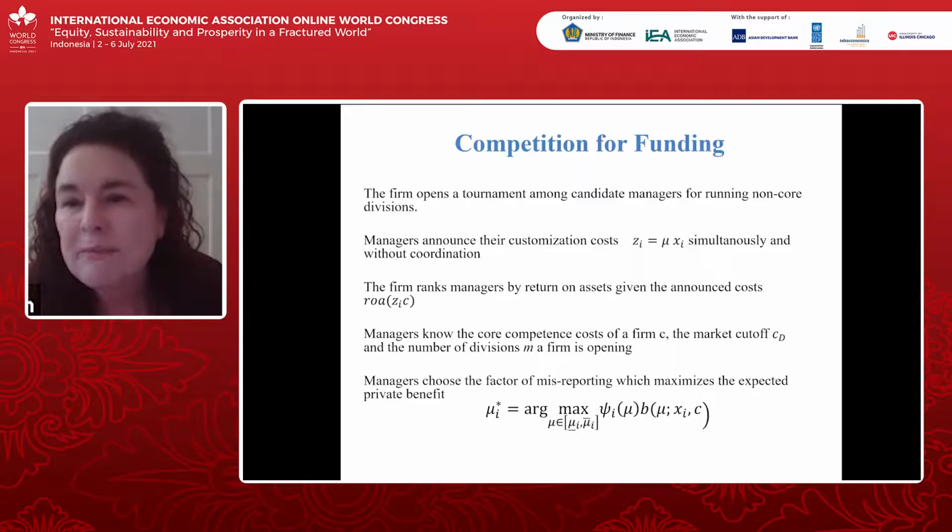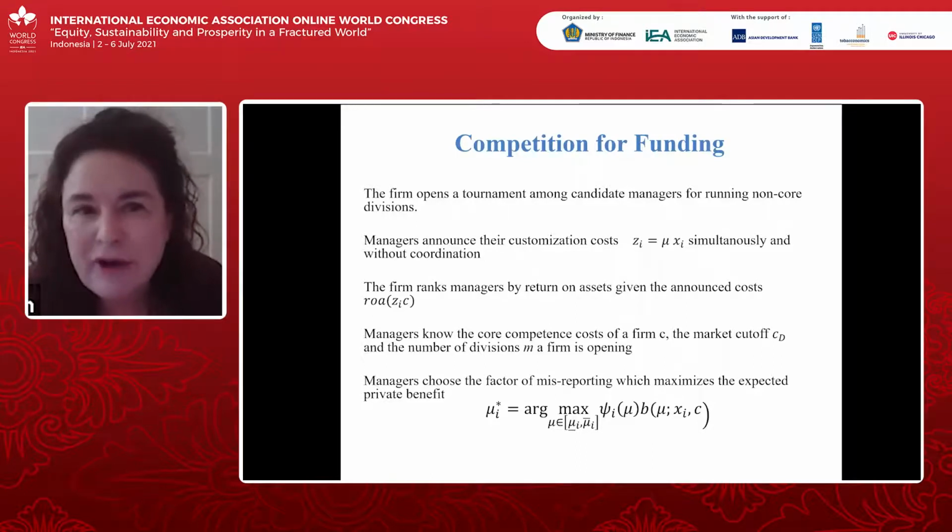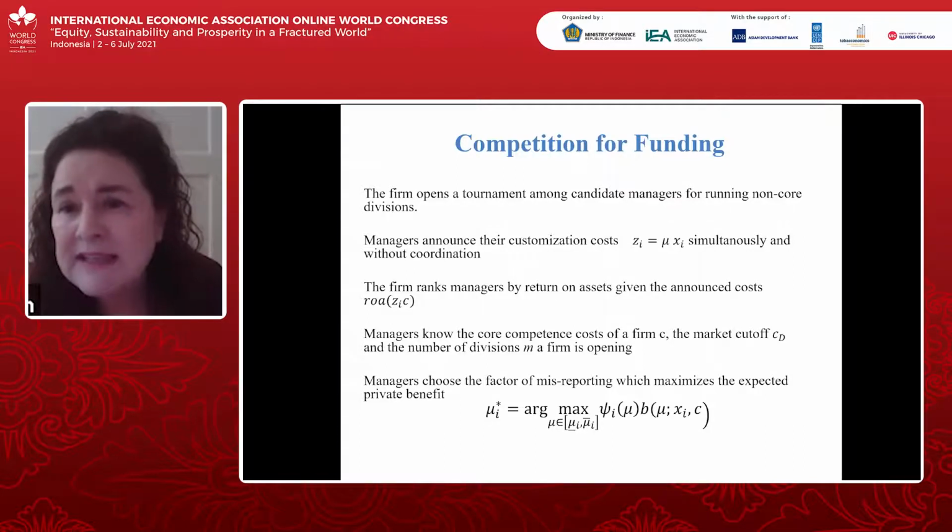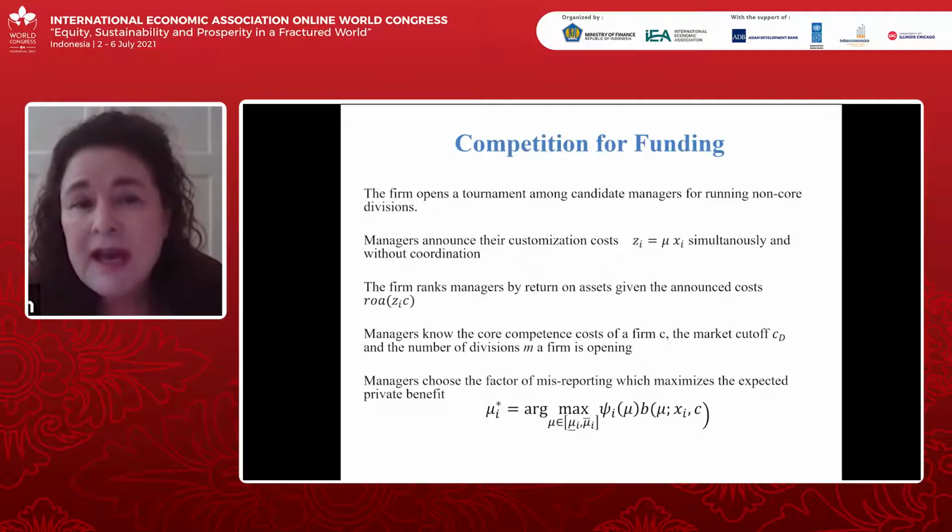Now I'm coming to the competition for funds inside the firm. So the firm opens a tournament among candidate managers for running non-core divisions. And the managers announce their customization costs simultaneously and without coordination.